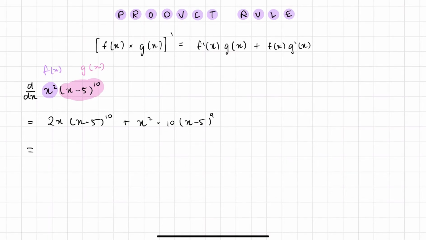Now what I'm going to do is factorize as much as I can. It looks like I can factorize 2x as well as (x minus 5) to the power of 9, since that's what they have in common. In the first bracket we have (x minus 5) to the power of 1, and then plus 5x.